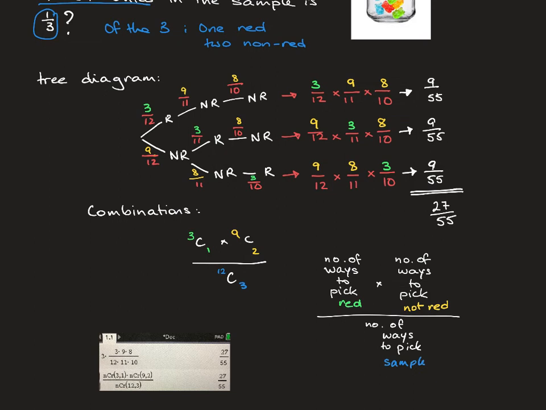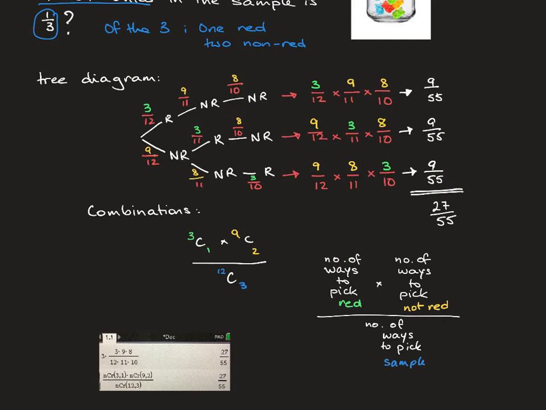Okay, so how you would do it using combinations is you use, like this is my little formula thing here. These are the actual values that we're going to calculate with on our calculator. This first number here is the number of ways to pick a red. So in the jar there are a total of 3 reds and we want to choose 1.